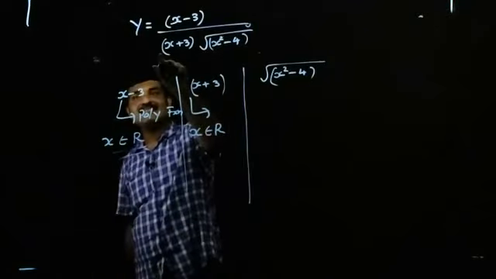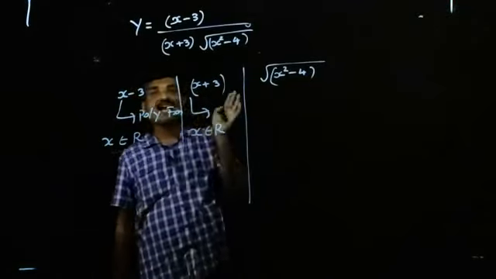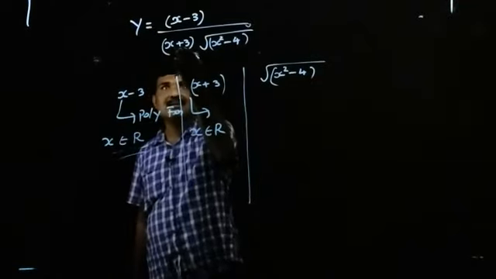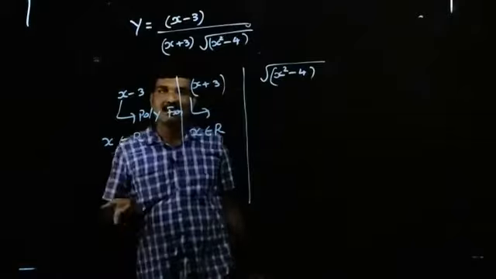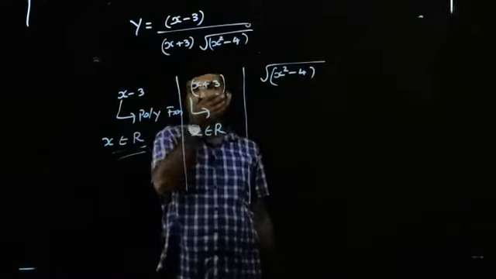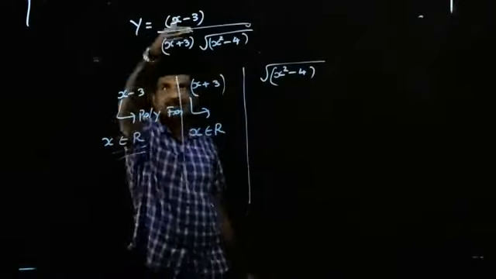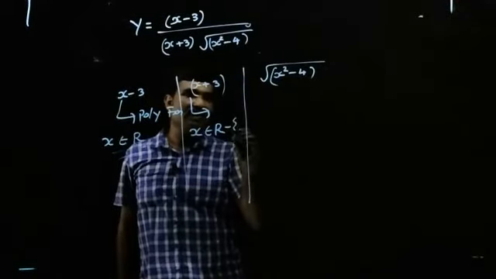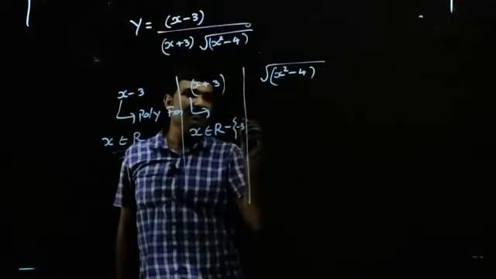But this factor is coming in the denominator. So x should not be equal to minus 3. When this becomes minus 3, what happens in the denominator? Minus 3 plus 3, that becomes 0. So this divided by 0 is infinity. So we are excluding minus 3, right?